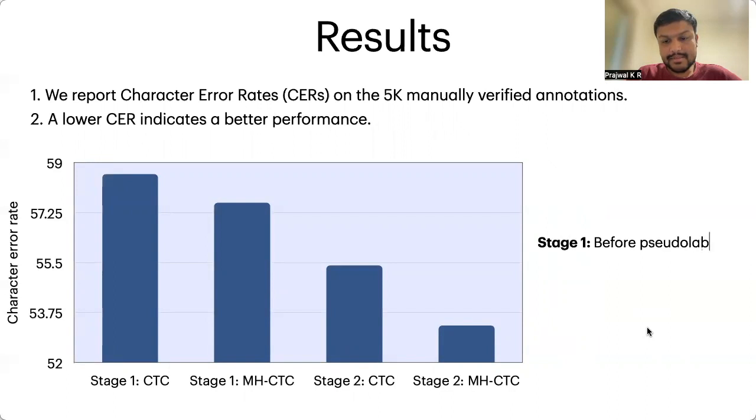With the model trained on the initial set of annotations, we get a high character rate of close to 58, but we progressively improve this by using MHCTC. The rate drops further. After pseudo labeling, we retrain our models and get large boosts in character rates. We can see that our novel multiple hypothesis CTC loss and the pseudo labeling steps, both of them clearly help in boosting the performance.